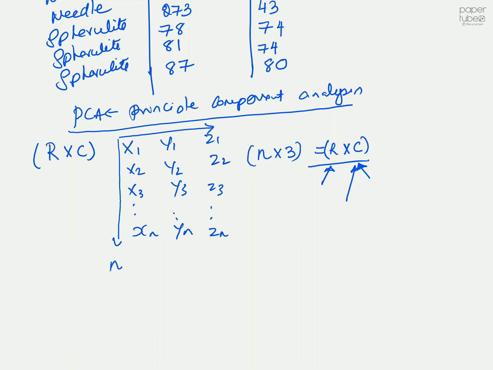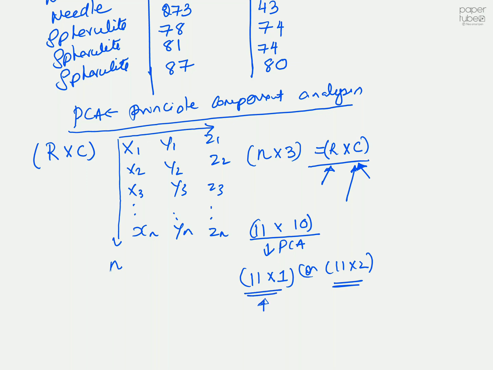So if we have, for example, 11 rows multiplied by 10 columns, we can apply the PCA algorithm and then reduce the dimensions to 11 multiplied by 1 or 11 multiplied by 2, which means 11 rows and 2 columns, that is more than enough to represent approximately more than 95% of the data.